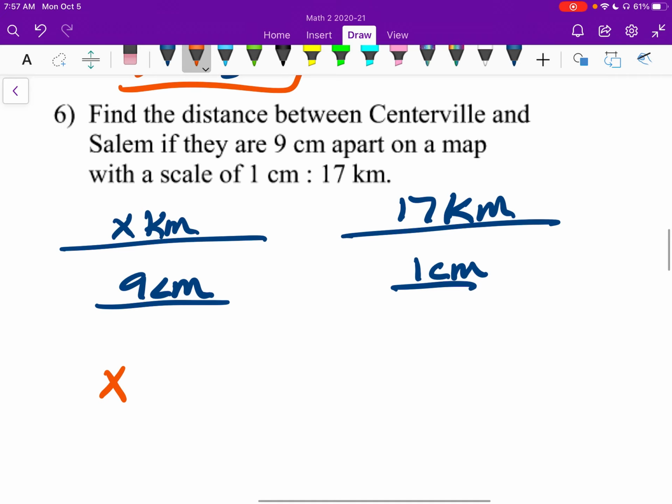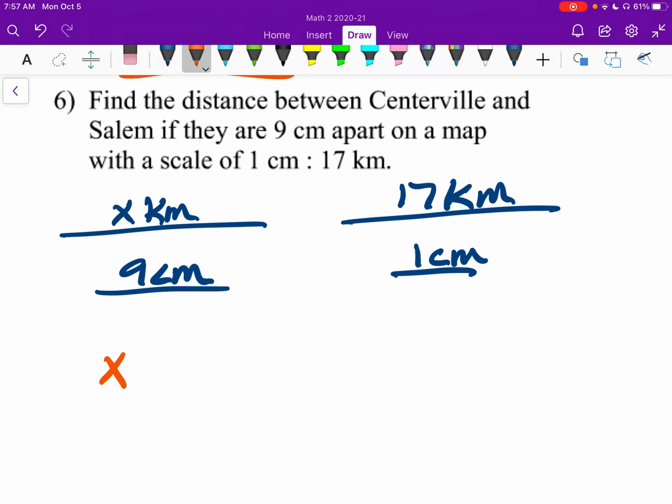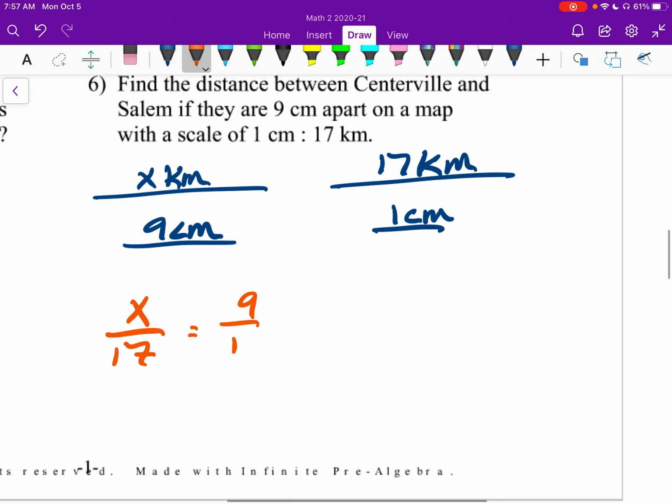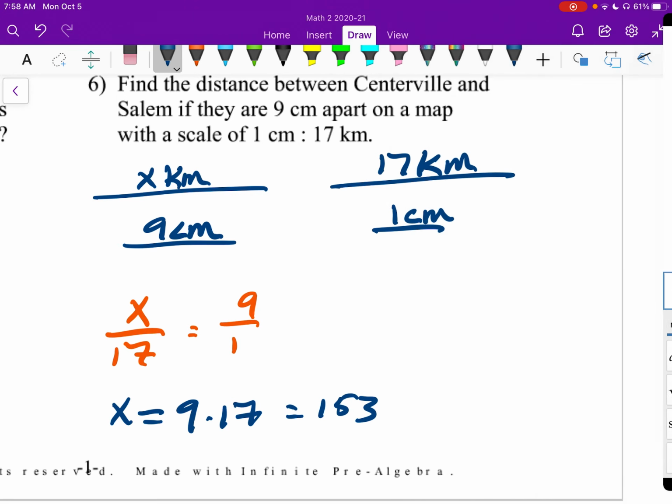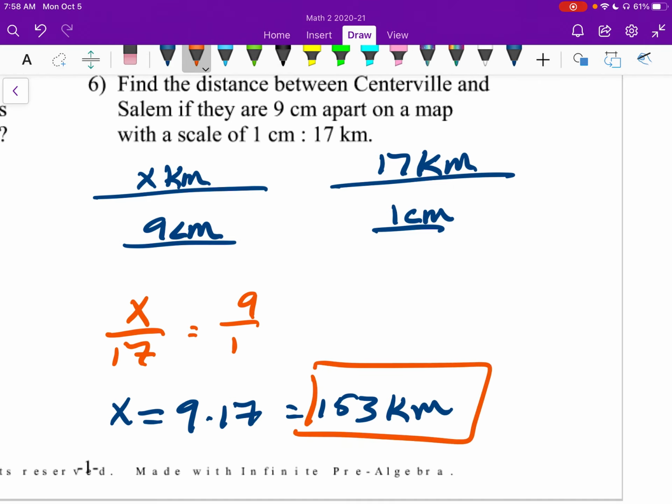My x is in the top there. My x is in kilometers. So x kilometers over 17 kilometers equals 9 centimeters over 1 centimeter. To solve this, I'm going to need to multiply by 17. So x equals 9 times 17, which equals 153, and we're talking about kilometers. There we are.